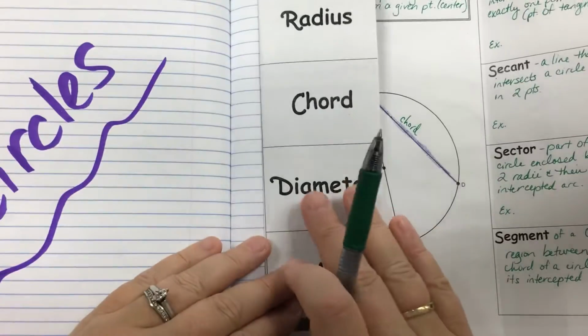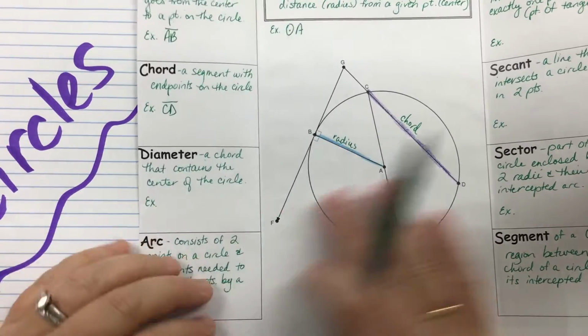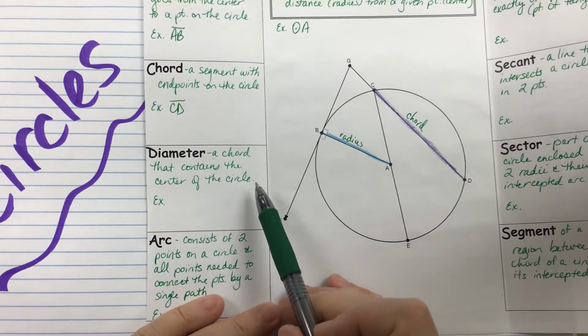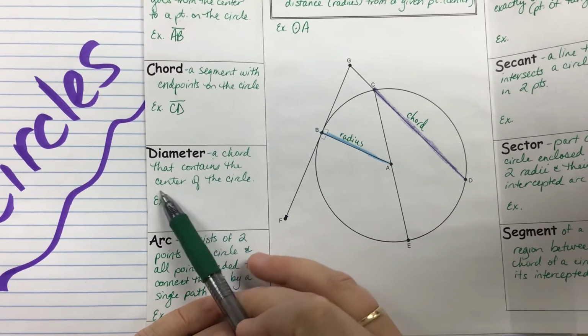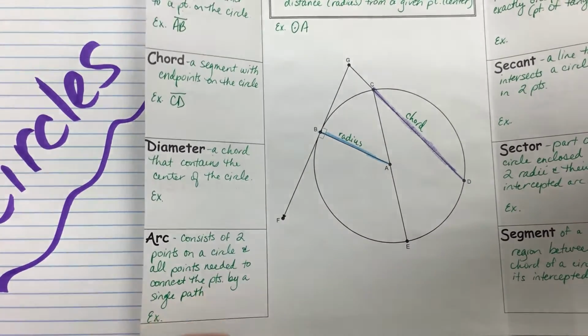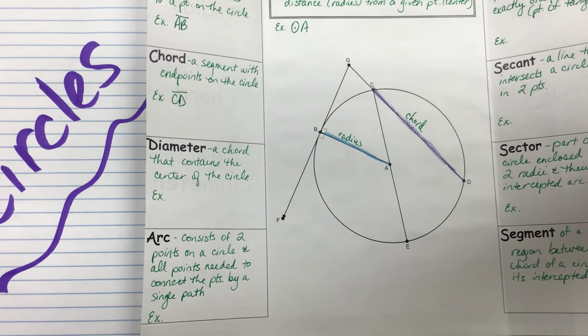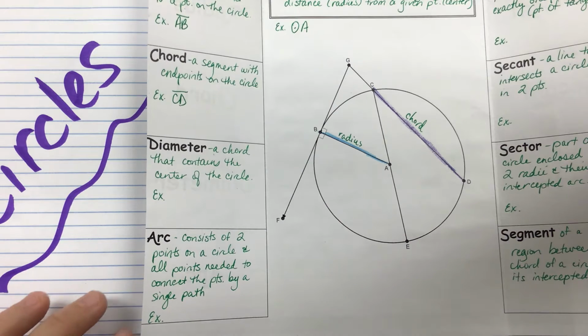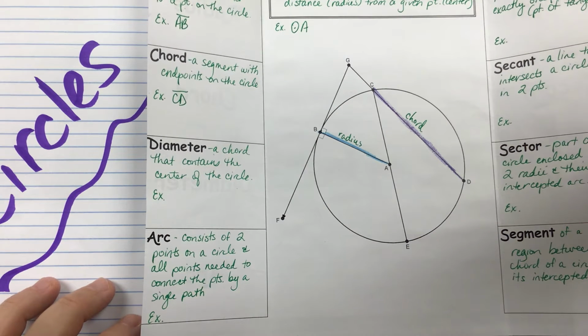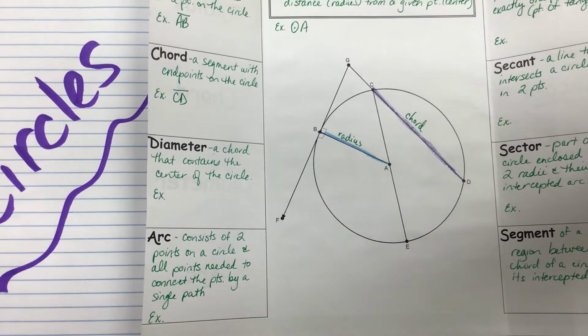Okay, continuing on. My next word is diameter. A diameter is a chord. It still has to have two endpoints on the circle, but it contains the center of the circle, so it goes through the center. In my picture here, let me get a different color. Let's try green.